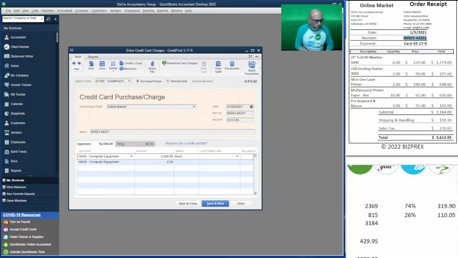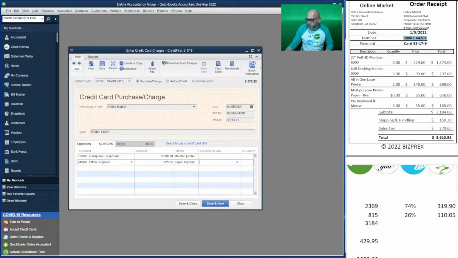Then the monitor, printer, etc. And then we have office supplies, and that's 925.05. Paper, keyboard. All right, again, everything is allocated, but it has two segments.